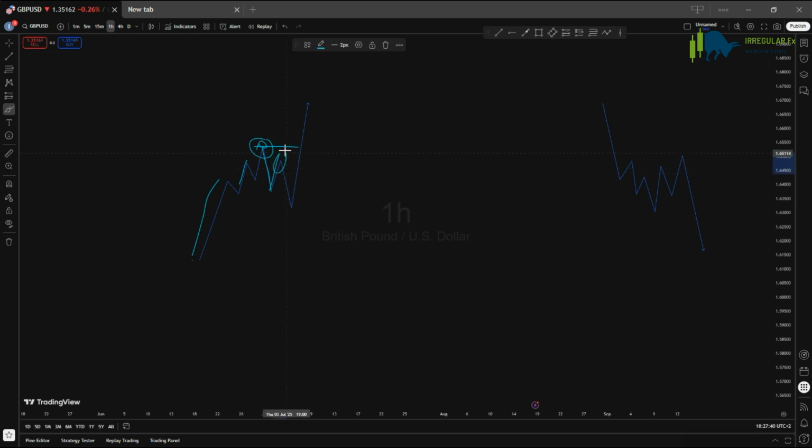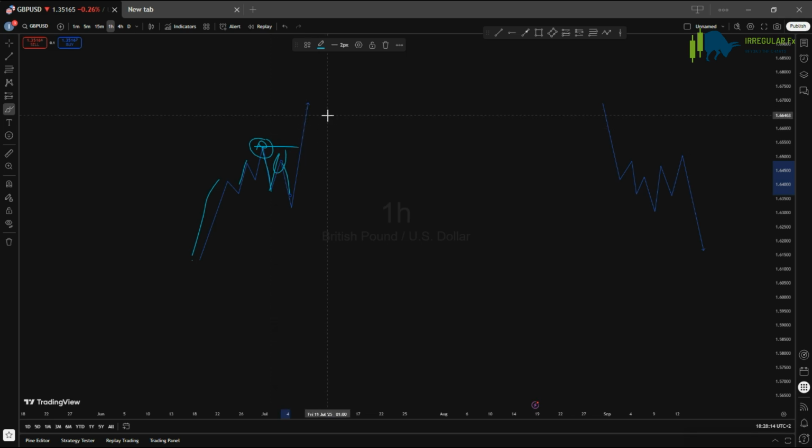If it breaks the previous low that it had created, that's where you know that the market is now forming a continuation pattern.